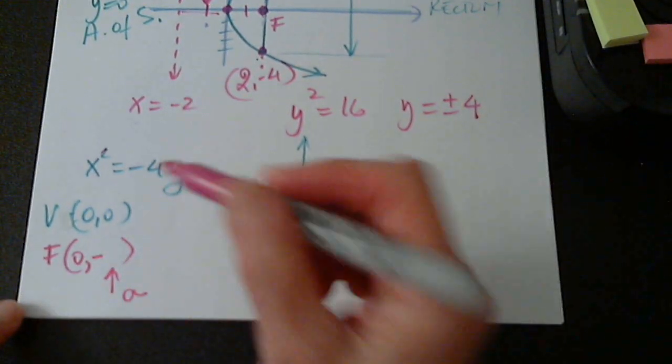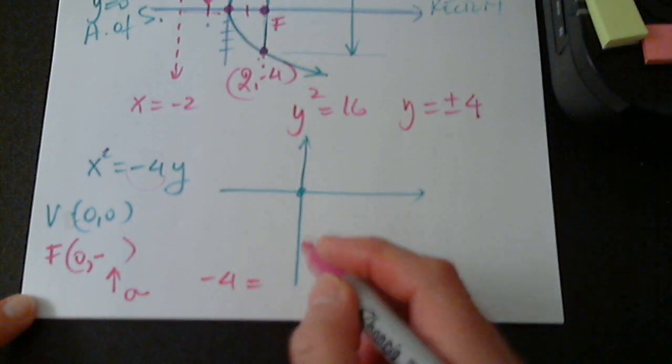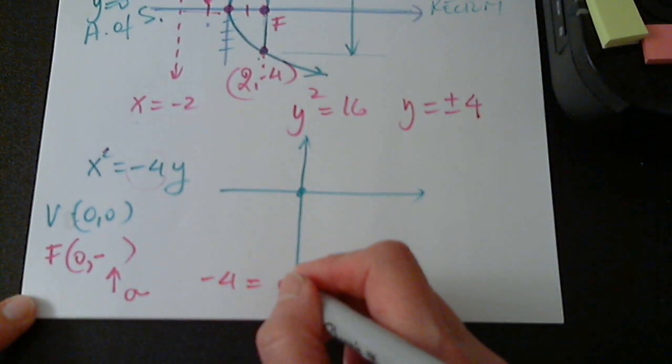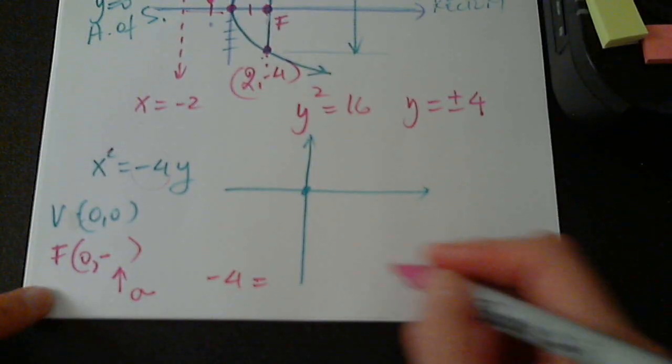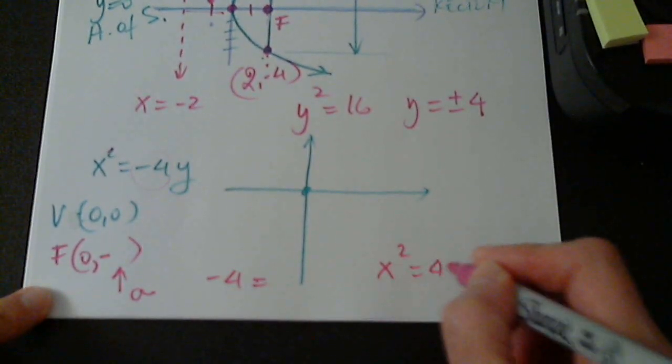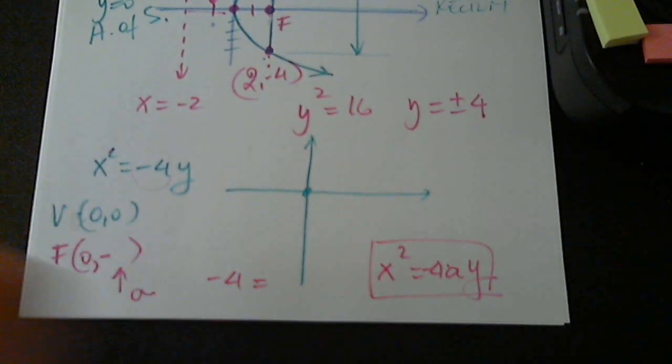So from here we know that negative 4 will equal, let me just copy the formula. So x squared equals negative 4ay. This is the general formula, and that's where we have to determine a.